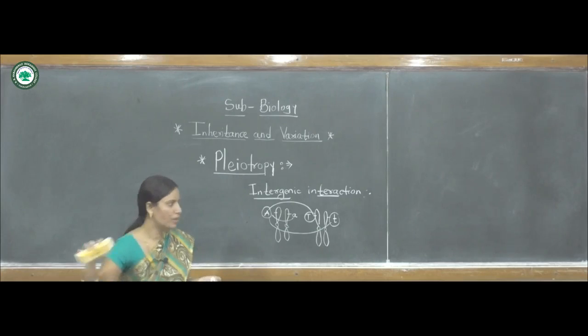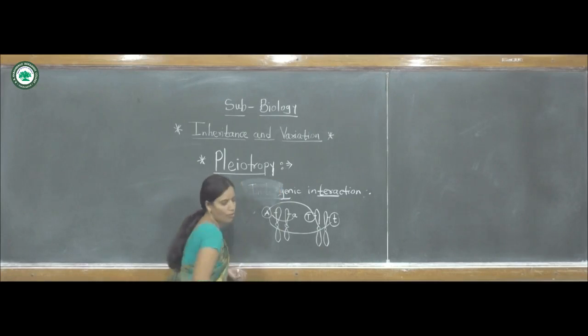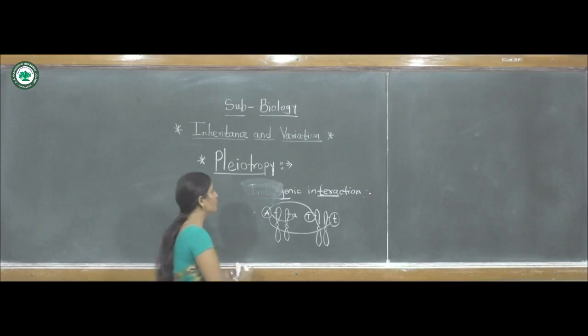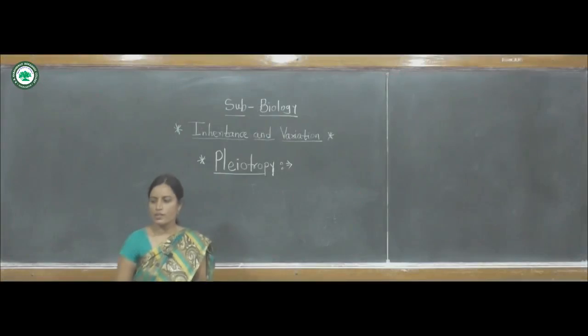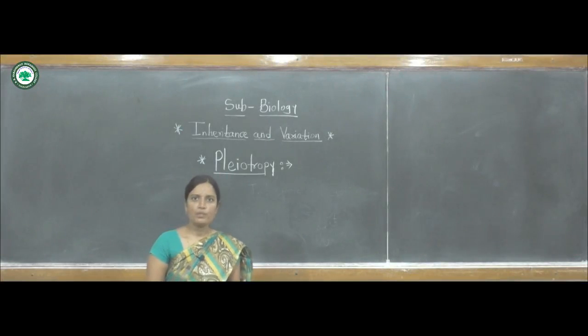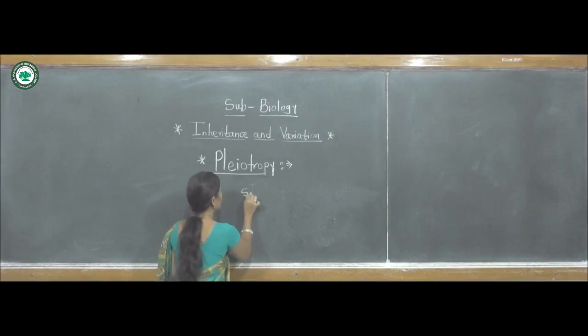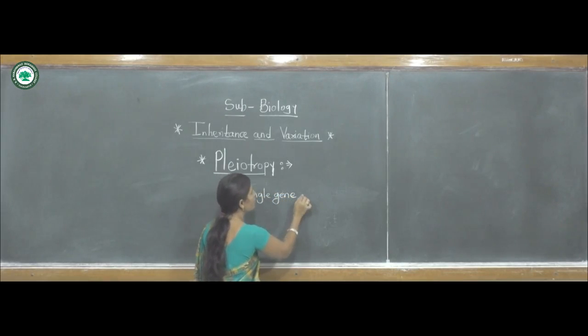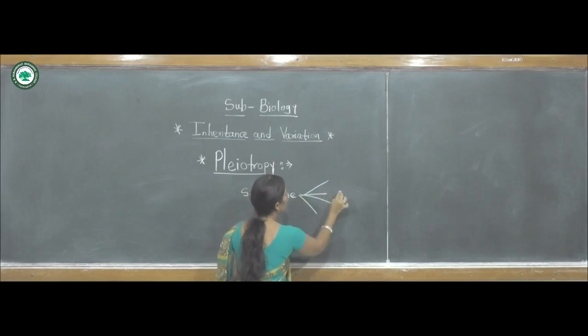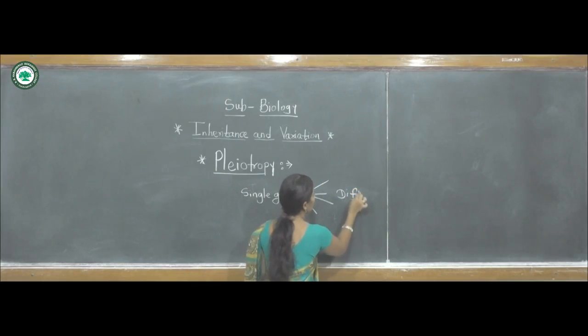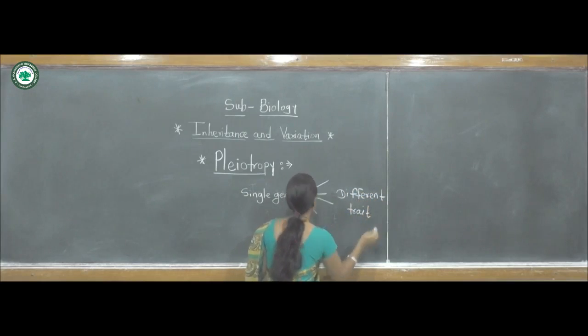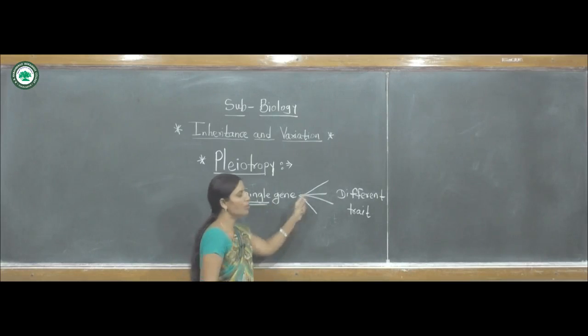The pleiotropic gene or pleiotropic interaction is the most important deviation. The concept of pleiotropy means a single gene is controlling different traits.